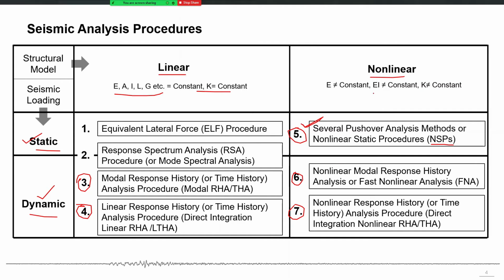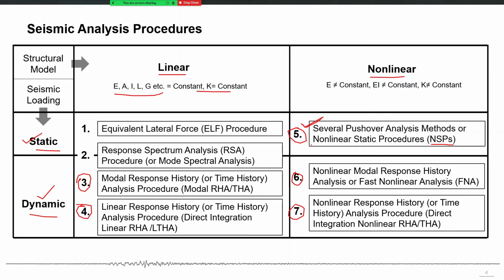The key idea is that you will be using a nonlinear computer model which will be sophisticated enough to capture all important aspects of nonlinearity, both material nonlinearity and geometric nonlinearity. But the seismic loading will be idealized or assumed as static. So this is one piece of approximation which you will have in all of these methods.